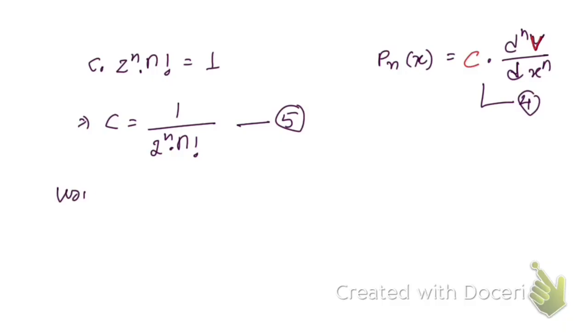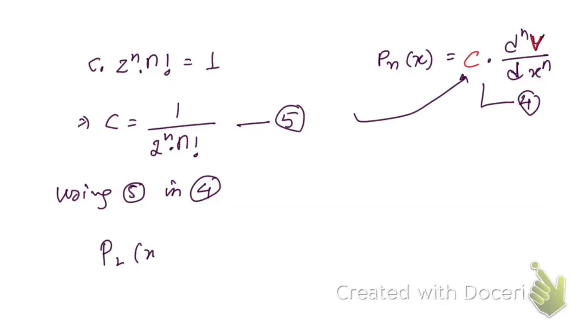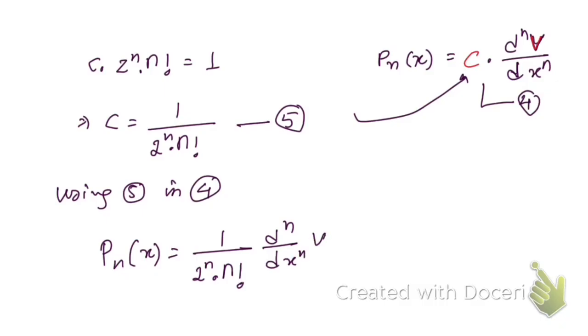So using 5 in 4, if you use this value of c here, then Pn of x is going to be equal to, instead of c we're going to put 1 by 2 to the power n factorial n, nth order derivative of v with respect to x, and we know that v is equal to x square minus 1 whole to the power n.